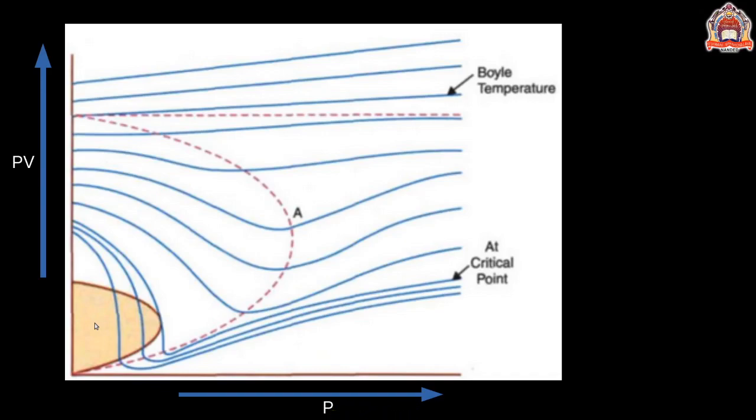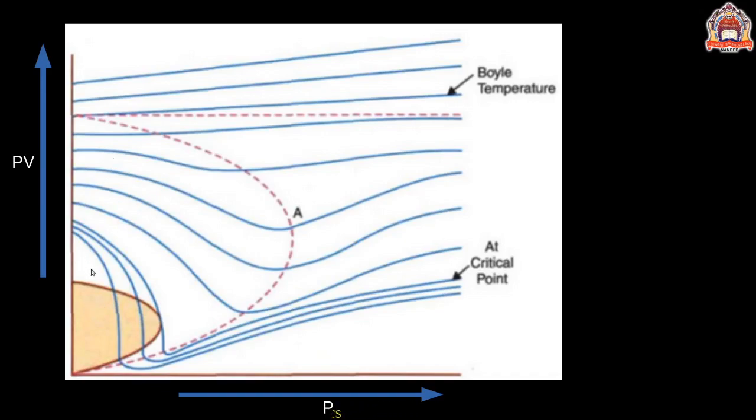So at a high temperature, here PV, this side, increases with increase in P, but this side, means at lower temperature, the PV decreases initially with increase in P, but the nature of increase is different for different temperatures.